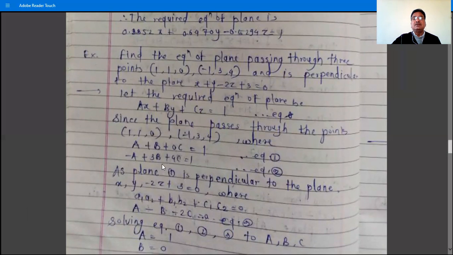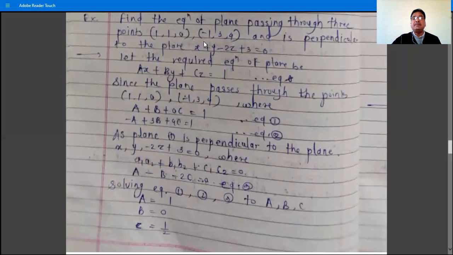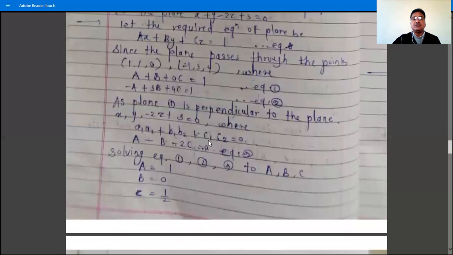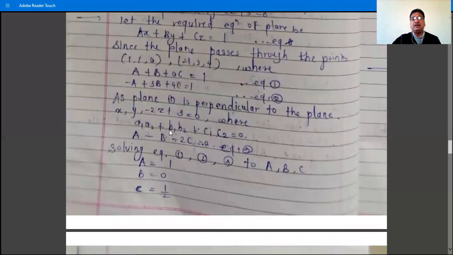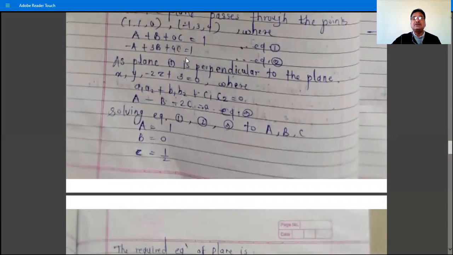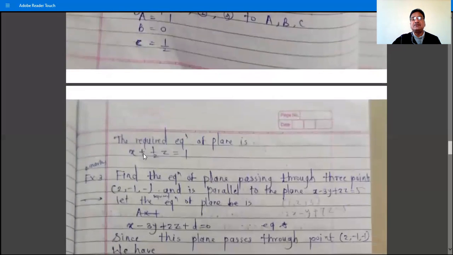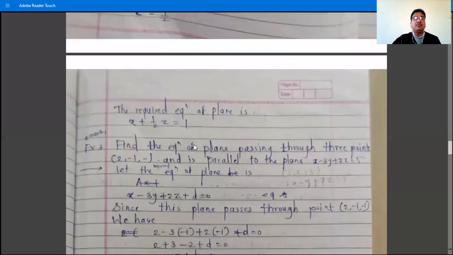As this required plane is perpendicular to this plane, a into 1 plus b into 1 plus c into minus 2 equals 0. That is, a1 a2 plus b1 b2 plus c1 c2 is 0, meaning a plus b minus 2c equals 0. Solving these three equations, we have the values of A, B, C. Substitute the values, and we have the required equation of the plane.